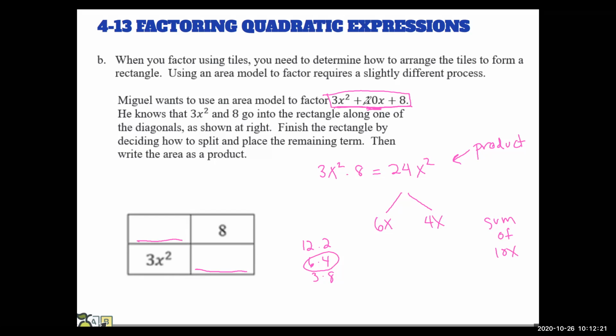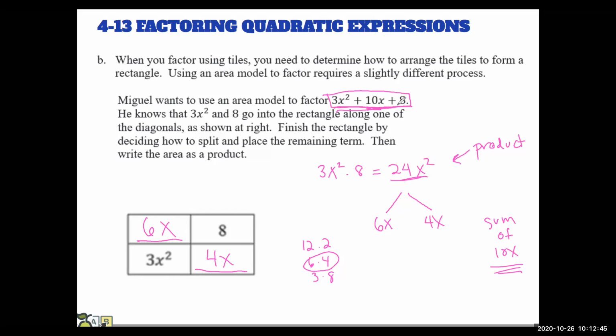And 6x plus 4x would make 10x, and 6x times 4x would make 24x squared. So these are the two we want. So I'm going to put a 6x here and a 4x here. And now we can see how, if we added up everything inside the area model, we would get the original expression. But now if we get the side lengths, we will get the factored form.